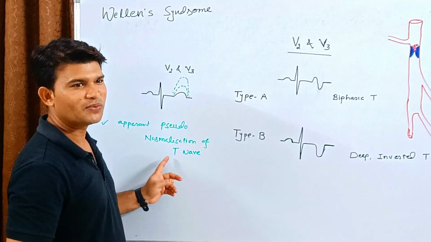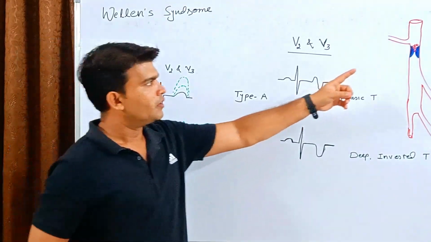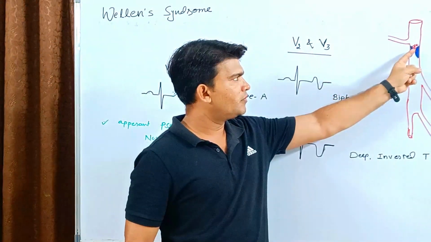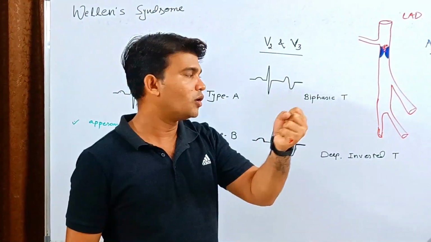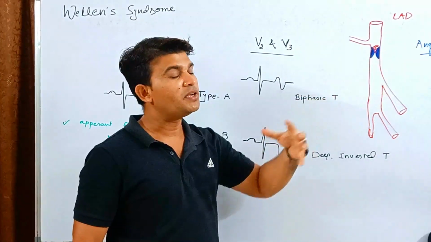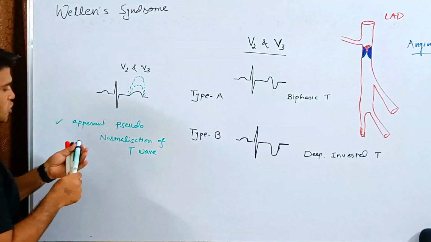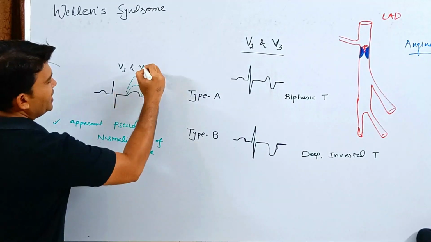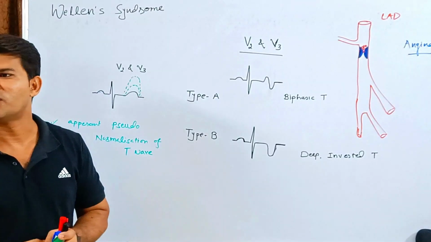Hyperacute T wave myocardial infarction. Making sense or not? Then later on, if the patient's LAD is critically occluded, or totally occluded, then the patient will develop full myocardial infarction, and in that case you will have ST segment elevation myocardial infarction.